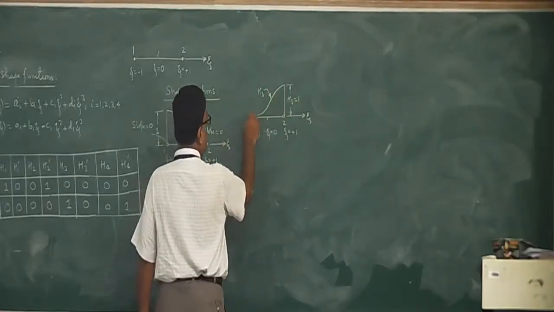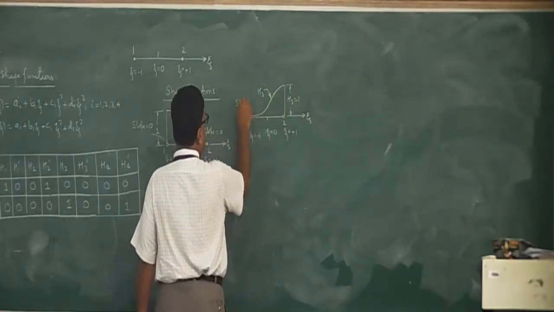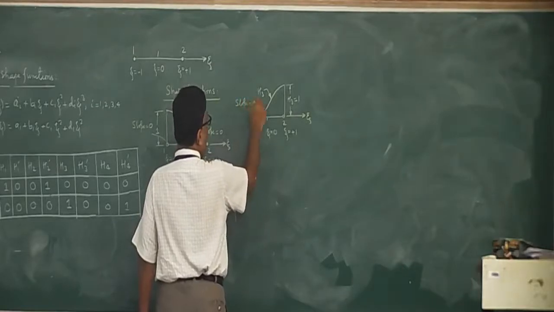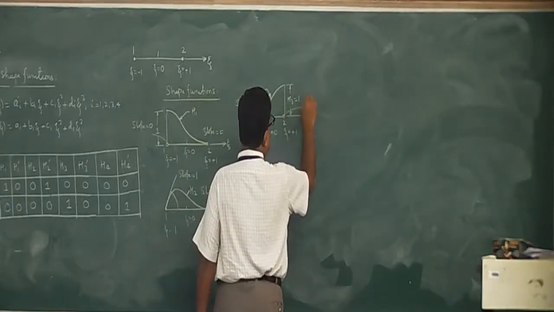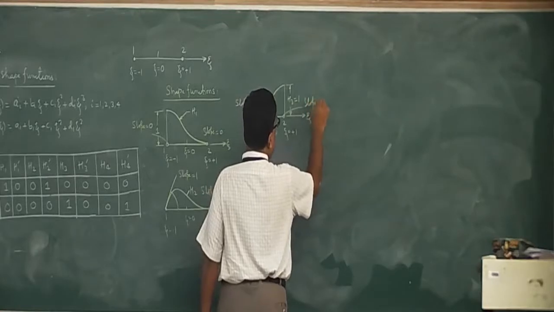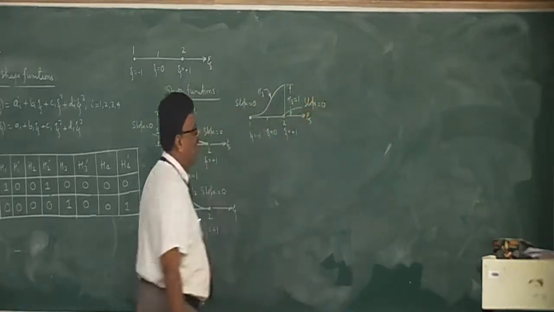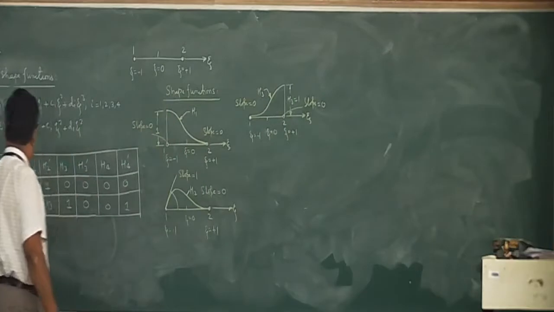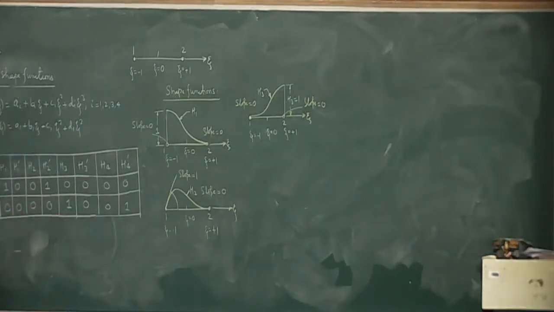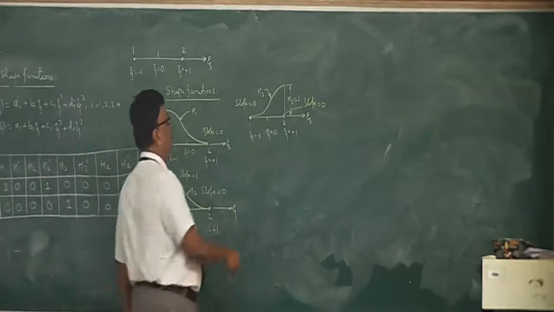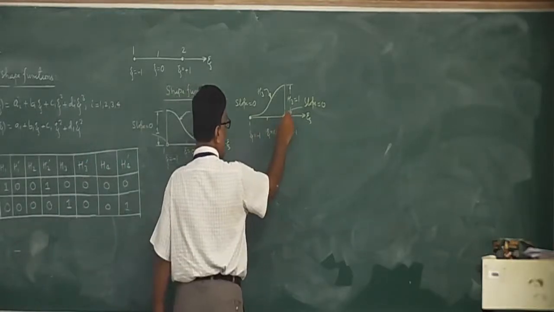And you can see there, H3 dash is 0 at both the points. It means the slope is 0 at both the points, whereas H3 is 1 at zeta equal to +1, and it is 0 at node 1. The slope H3 dash is 0 at both the ends. This is how this figure matches.